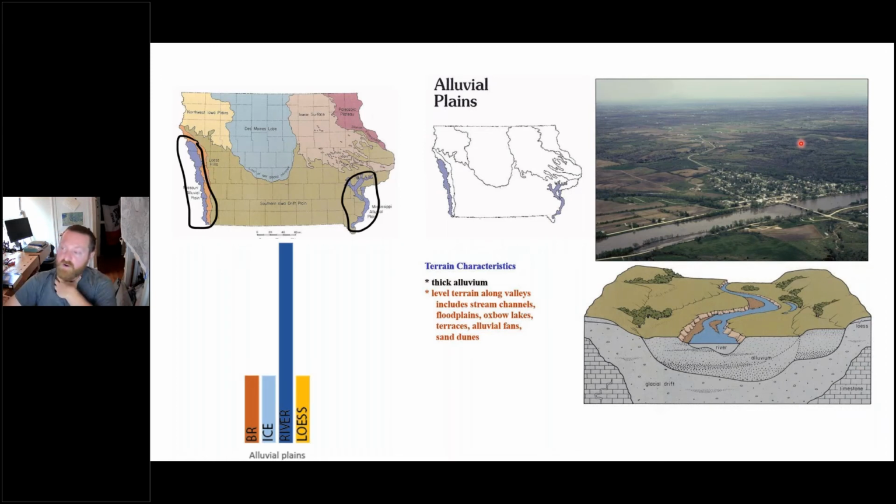And so these areas are really prone to flooding. What was it, 2 years ago, the Missouri Valley flooded significantly, and they're just so flat that it is easy to really inundate a lot of area quickly because you don't have much topography to overcome.